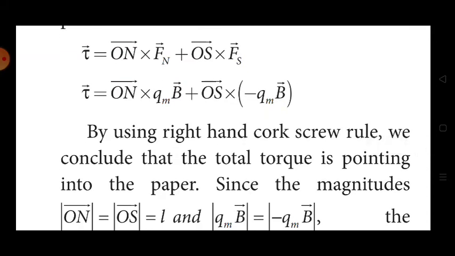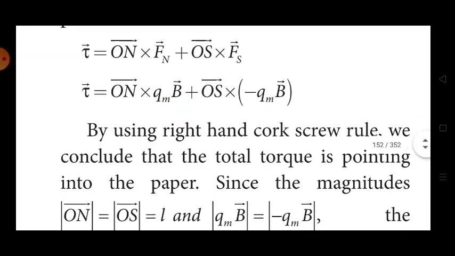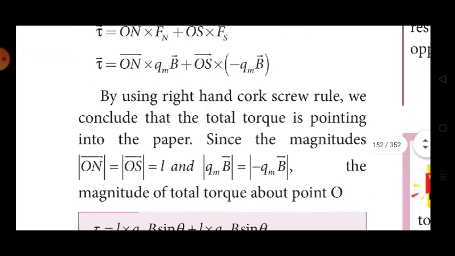Torque tau is equal to ON vector cross QmB vector plus OS vector cross minus QmB vector. By using the right hand corkscrew rule you studied in 11th standard, we conclude that the total torque is pointing into the paper.